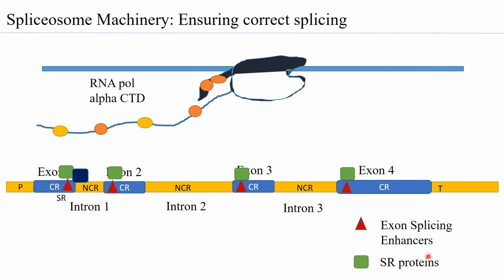So the SR proteins and the exon splicing enhancers also play a role in ensuring that the spliceosome molecules bind to the right parts of the intron. That is how correct splicing is ensured, because one should ensure that parts of the exons are not cut off while preparing the functional mRNA.